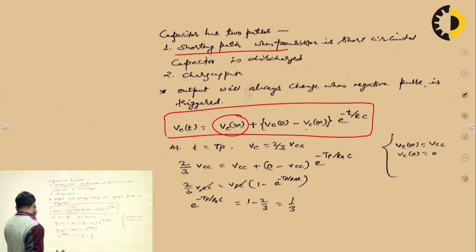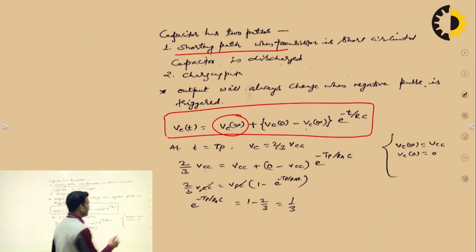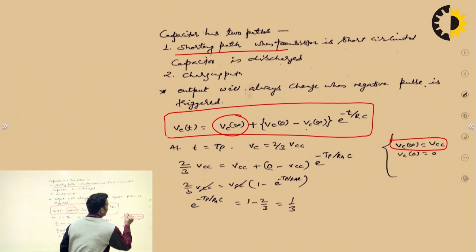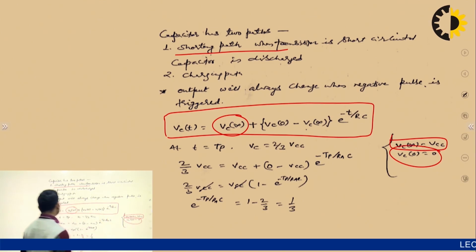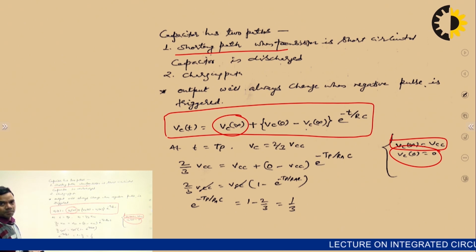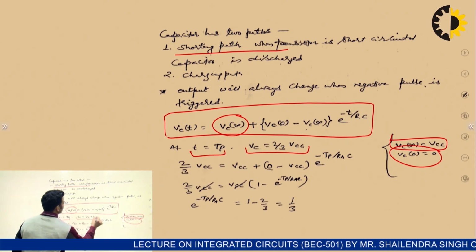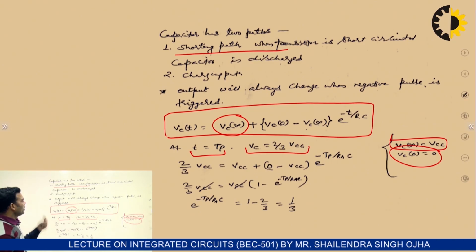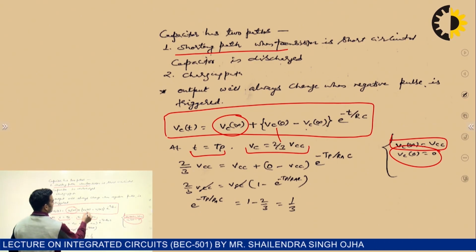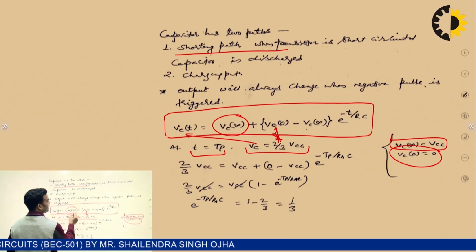So in case of monostable multivibrator, we should know that VC infinite is VCC and VC 0 is 0. So at t is equal to Tp, the time for which output will remain high, VC is 2 upon 3 VCC. So now we can put these values. VC infinite is VCC, VC 0 is 0.